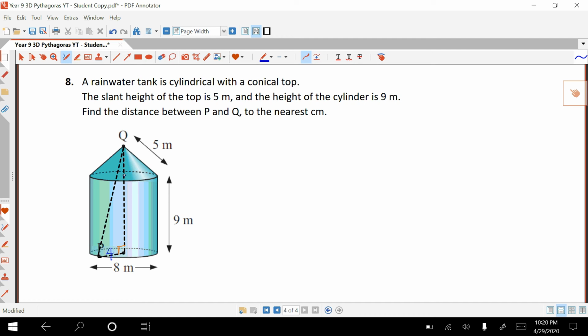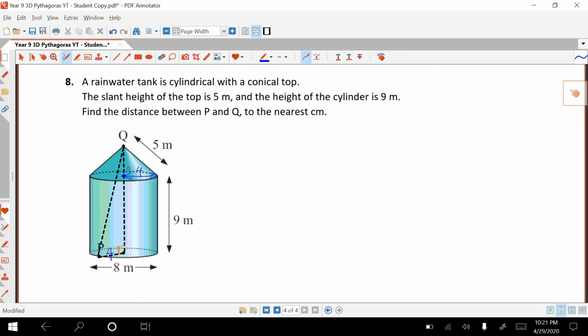Suppose we have this as the center of the base of the cone. That will be the radius of the cone. Now, basically, the radius of the cone is the same as the radius of the cylinder because they fit perfectly. So the radius of the cylinder is 4, which means that will be 4. So let's start by finding the height of the cone.